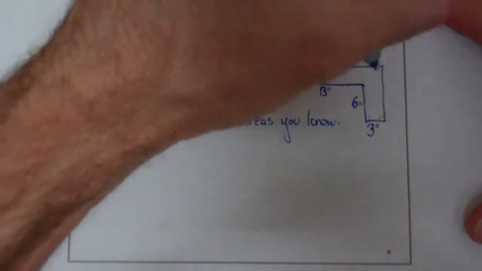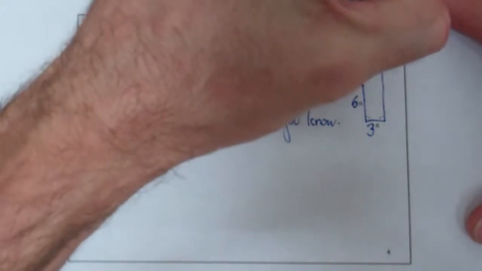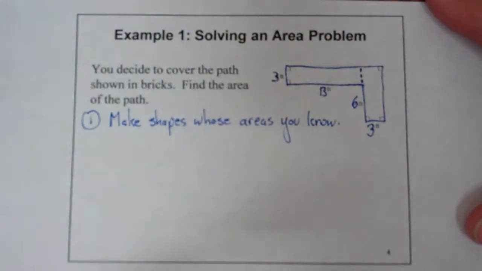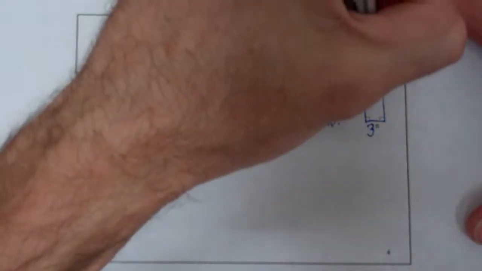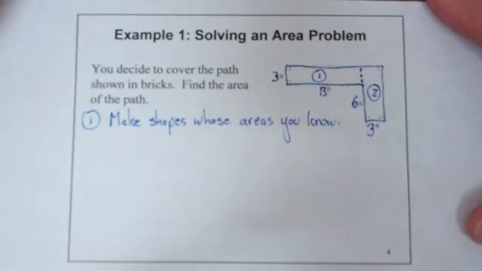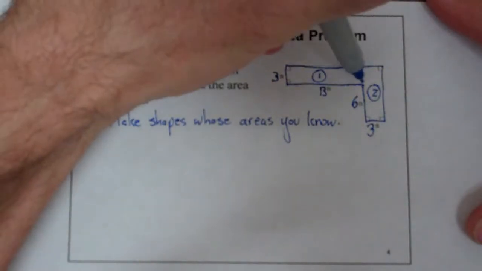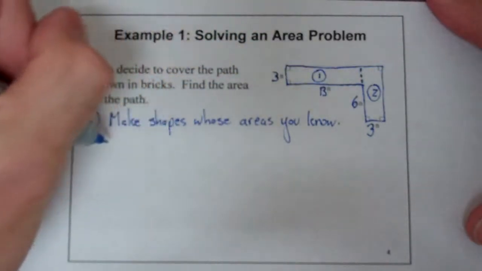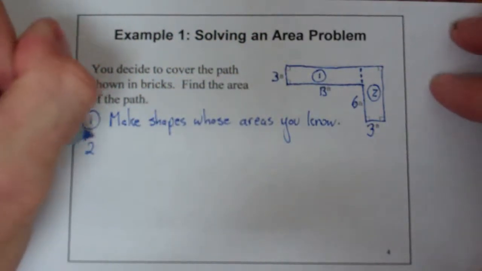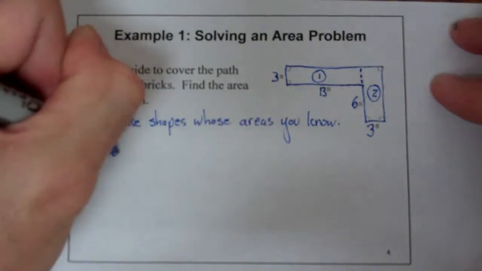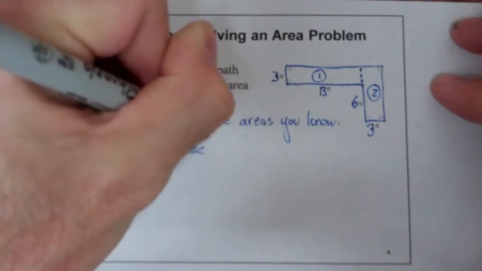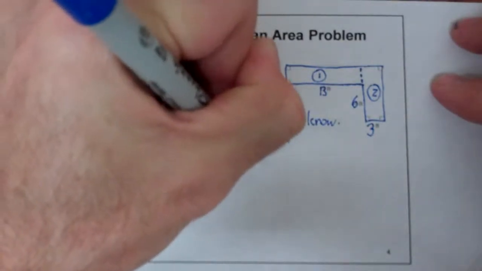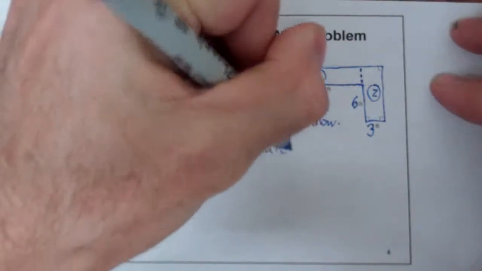And so what makes sense here is to go ahead and draw a line up this way and break this into the first rectangle over here and the second rectangle over here. Now you can see from here to here is 13 feet. So to calculate each separate shape.